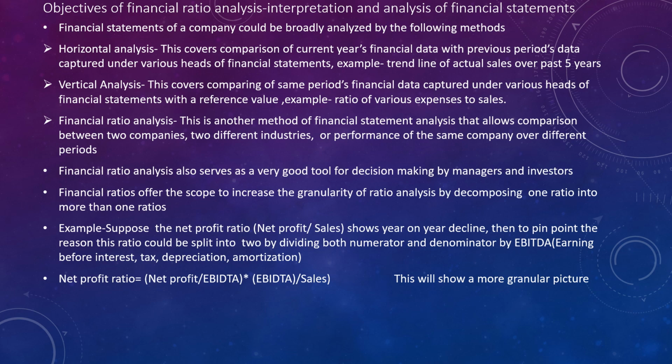So the new net profit ratio could be restated as net profit by EBITDA into EBITDA by sales. So this will show a more granular picture. These two ratios could be further split up to get a more micro level insight.